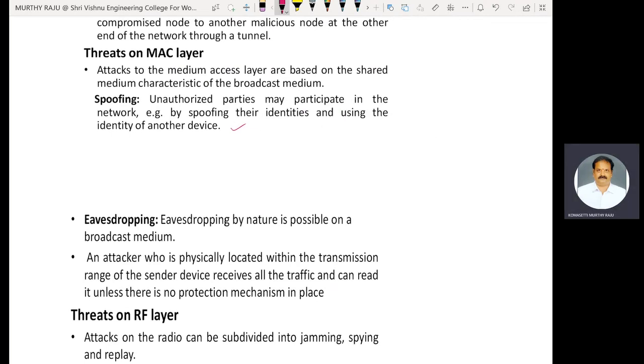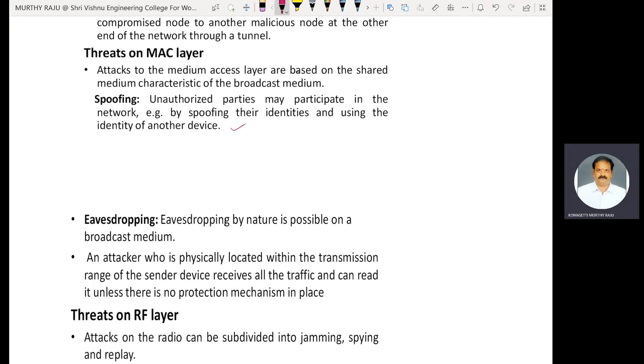But at the MAC layer, spoofing is a possible threat. Unauthorized parties may participate in the network, spoofing the identities of the original communicating parties and using the identity of another device. This is a possible attack at the MAC layer.